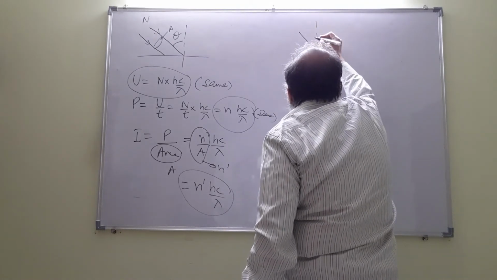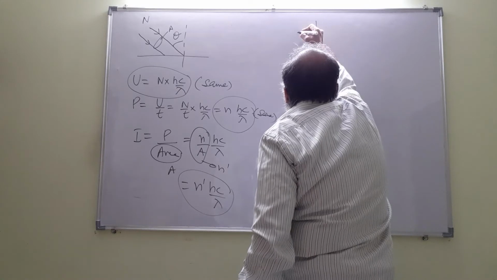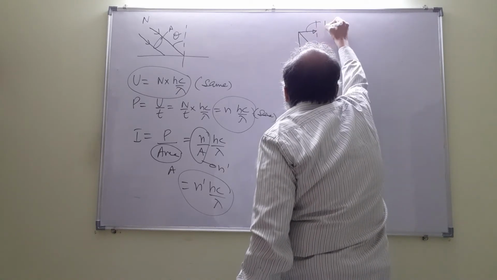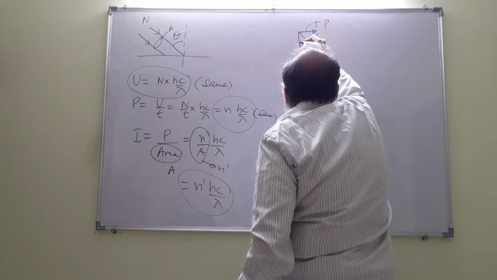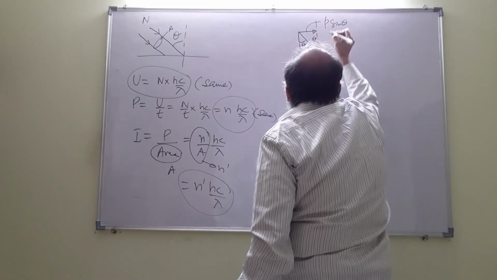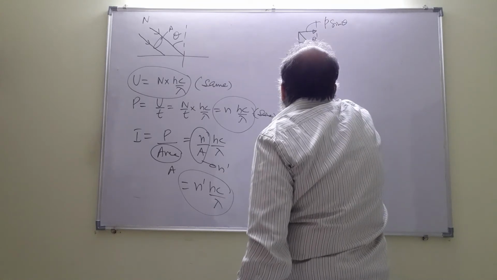I am resolving into two components: this is p sin theta, small p, and this is p cos theta.